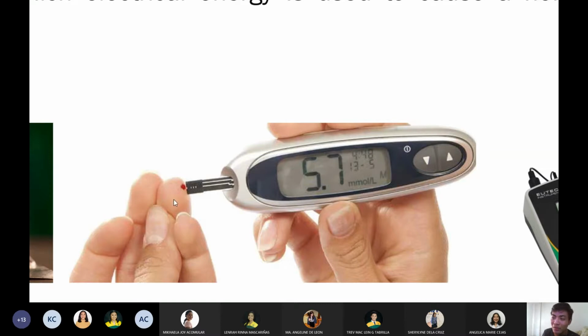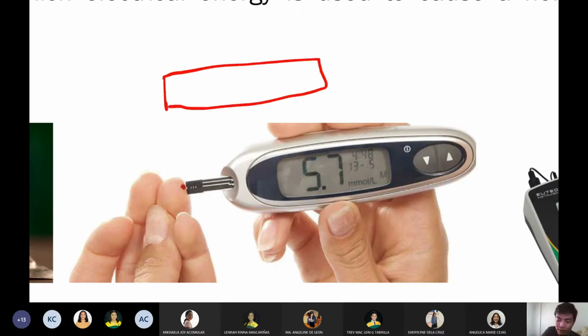Then you will collect the blood in this very small well. Okay, so if you check the test strip kasi, there is a small well, square well yan. So dun mo ilalagay yung blood mo. So kunwari ito yung blood mo, kulay pula. Ididikit mo yan until yung blood pumasok doon sa well.